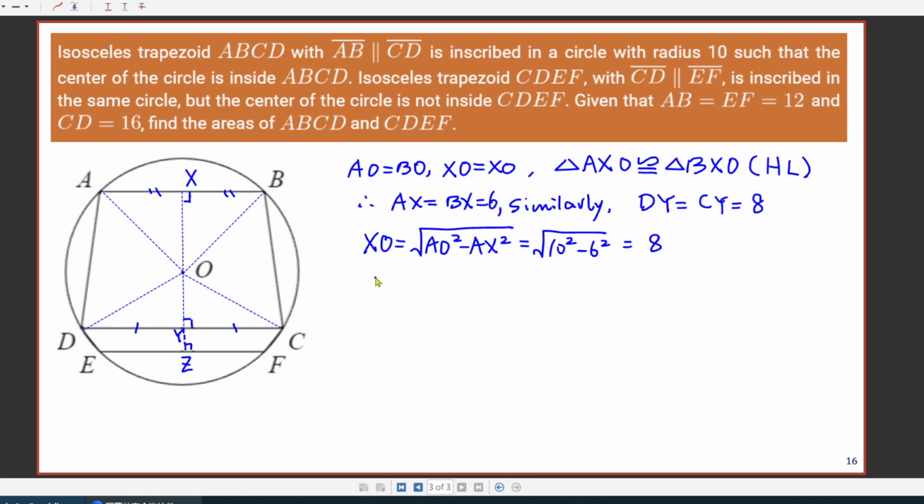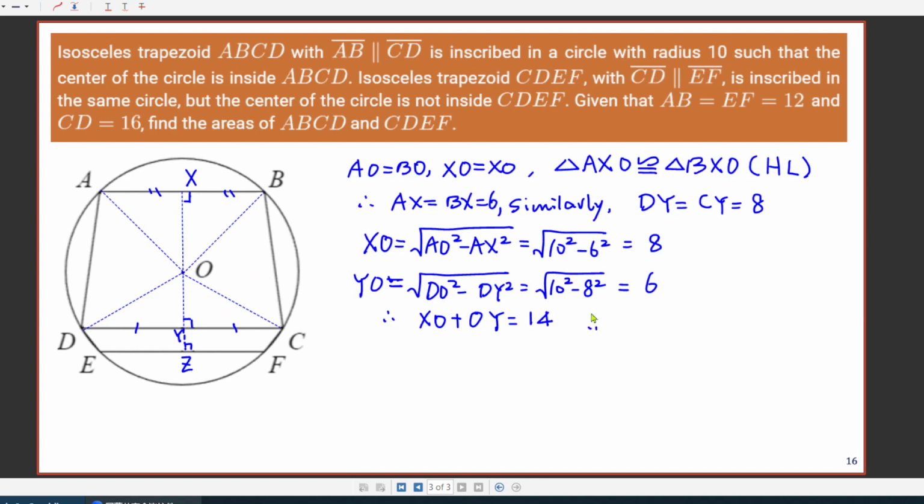And similarly, OY equals the square root of DO squared minus DY squared, which is 10 squared minus 8 squared, which is 6, right? And therefore we know XO plus OY is 14, which is the height of the trapezoid, right?